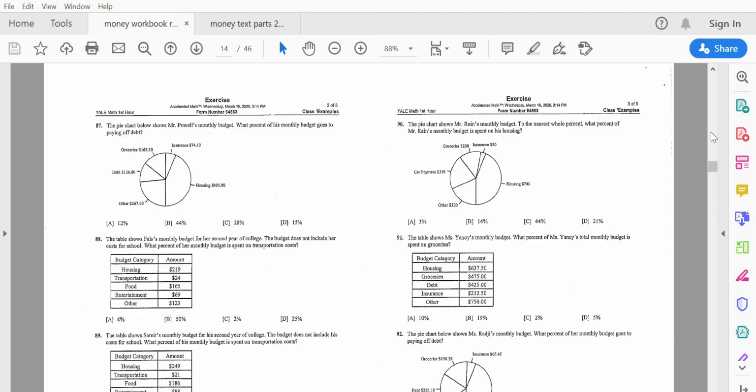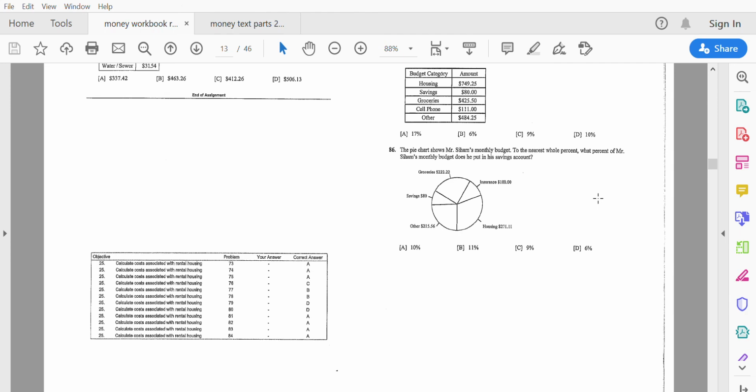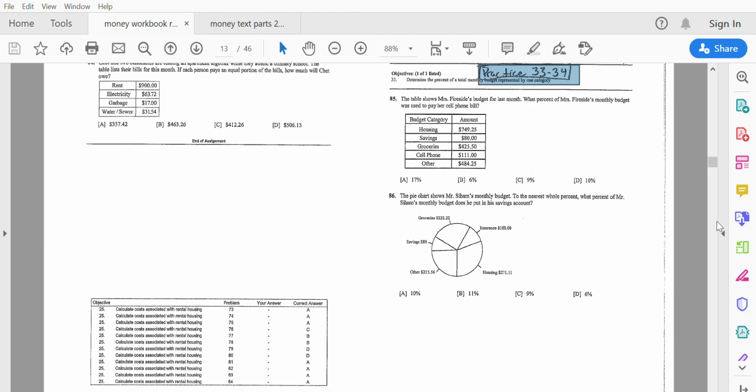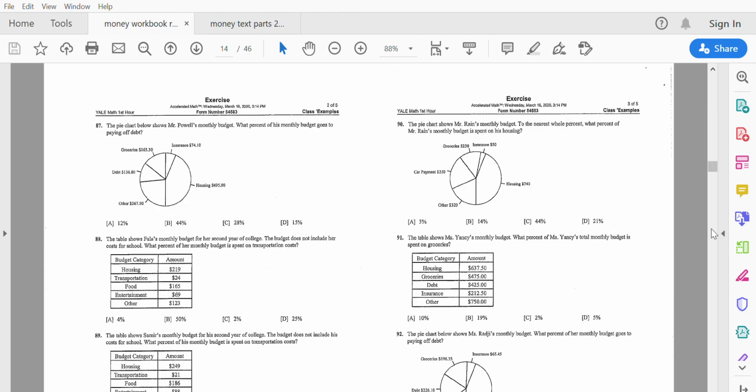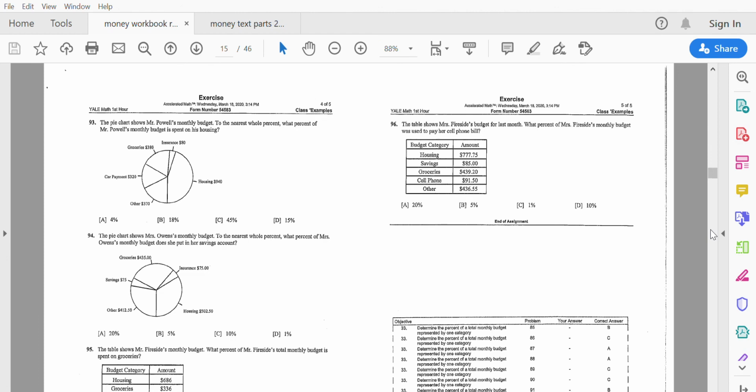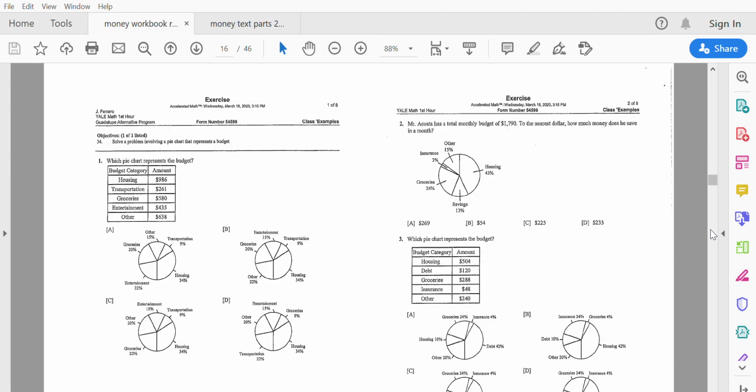I think I went too far. There's the answers for 33, and then objective 34 starts here. You would do those problems.